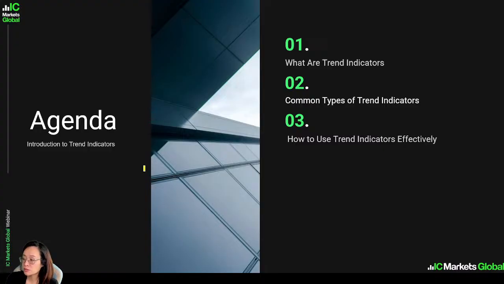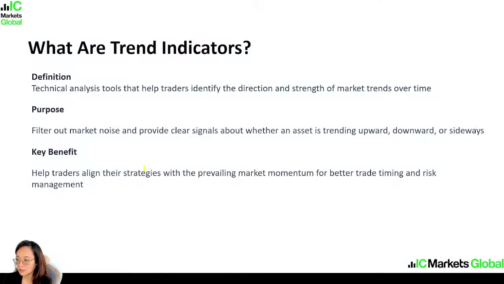So this is the agenda for today, guys. What are we going to cover? What are trend indicators, common types of trend indicators, and how to use trend indicators effectively. So what are trend indicators? Basically, a trend indicator is a technical analysis tool to help the trader identify the direction and strength of market trend over time.